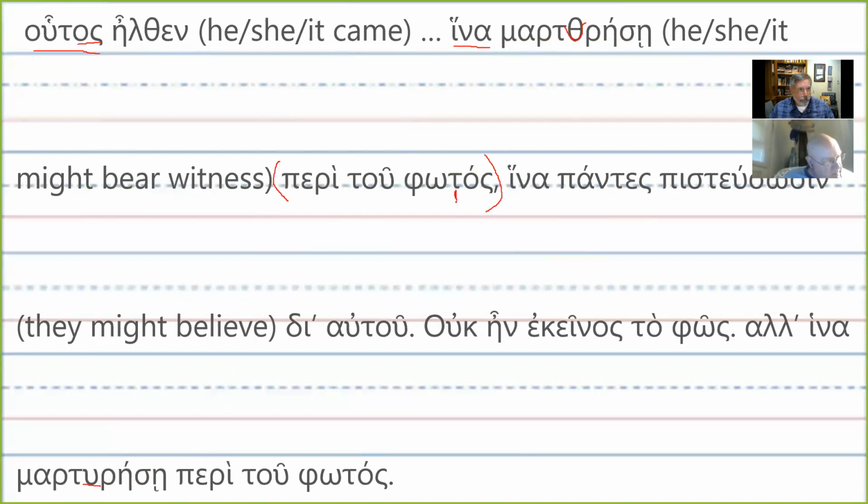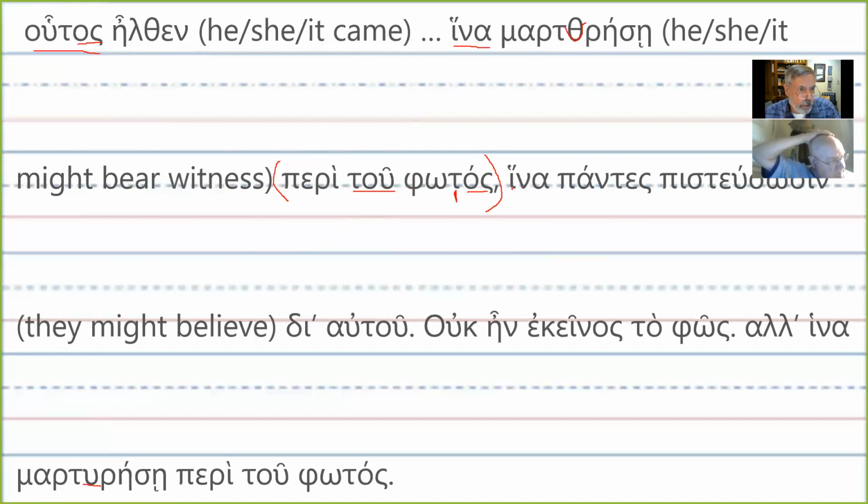There's my consonant ending, there's my genitive ending for third declension, and there's my genitive singular article. So concerning, what does photos mean? Do you remember? Light. Yeah, very good. So concerning the light, this one came in order that he might bear witness concerning the light.